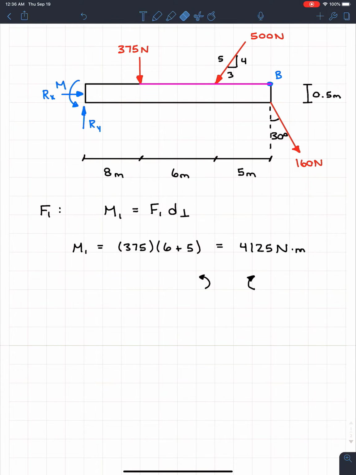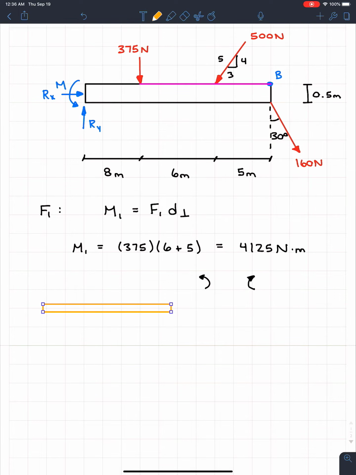The best way to visualize what I like to do is take my pencil, and this is going to be hard because I can't really show you, but I'm going to draw it out. What I do with my pencil is at the bottom of the pencil, I pretend it's the point I'm taking the moment about. So in this case, I'll draw it in orange. This orange is going to be my pencil.